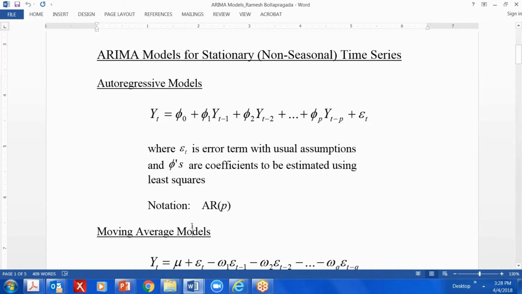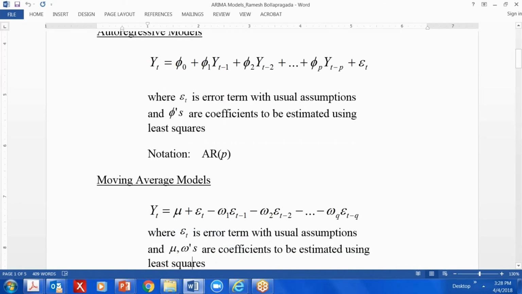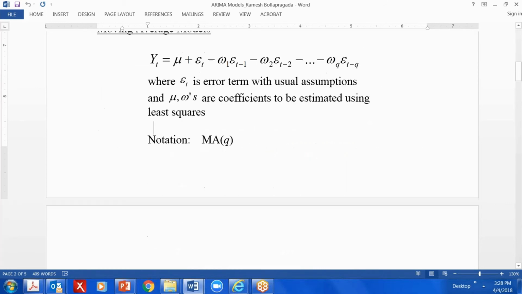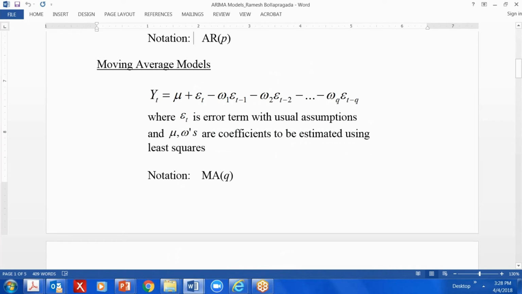The next thing is the moving average model, which is the MA model in ARIMA, where we are trying to estimate the error term. Note that in a standard regression, you have two components. The first component is the estimated value, how well you can estimate using a regression line. The second part is the error term, the difference between what you estimated and what is realized.